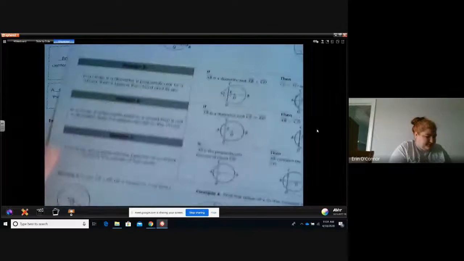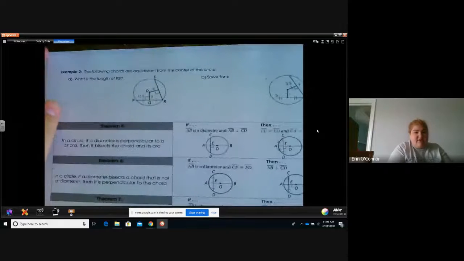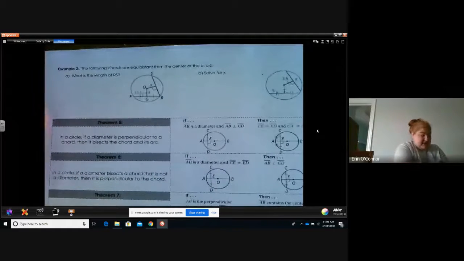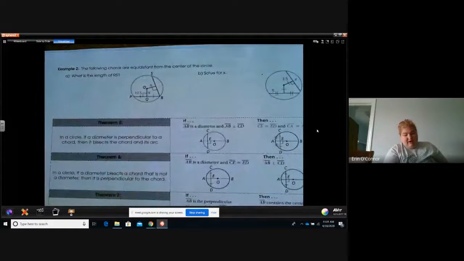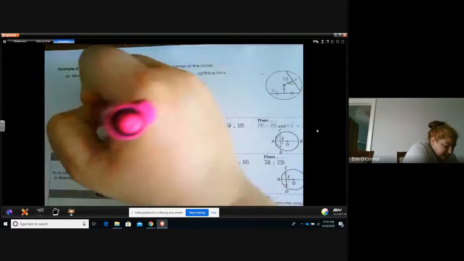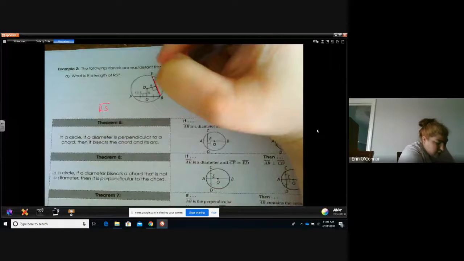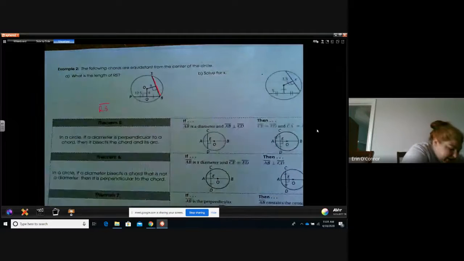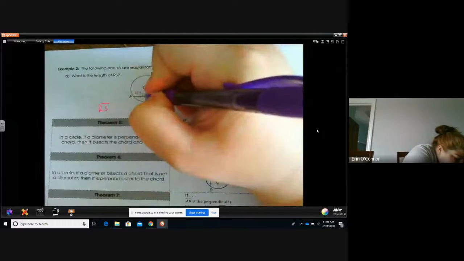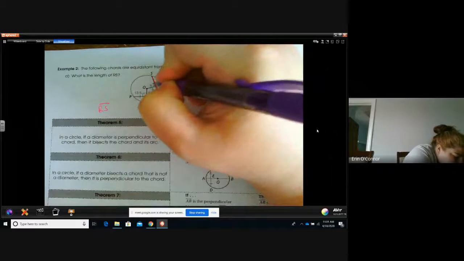Let's try this out. So the following chords are equidistant from the center of the circle. And you can tell because they're the same, 9 and 9. What is the length of RS? So I need to know the length of RS, which is this right here. Well, if these chords are equidistant, then this chord right here, PR, is equal to RS.